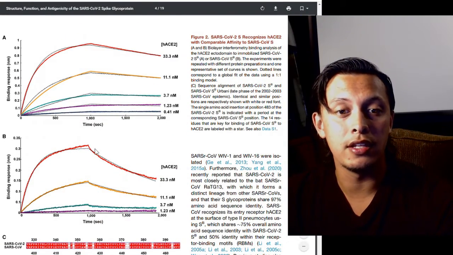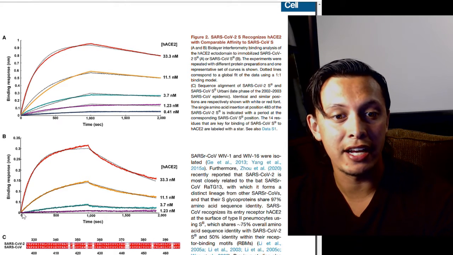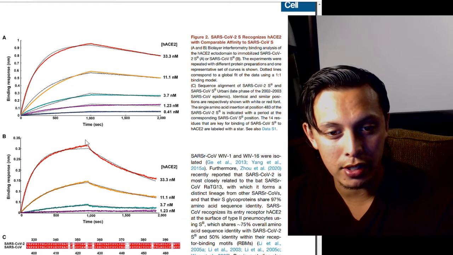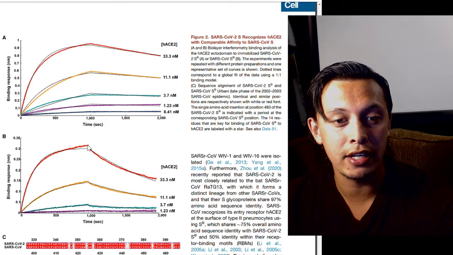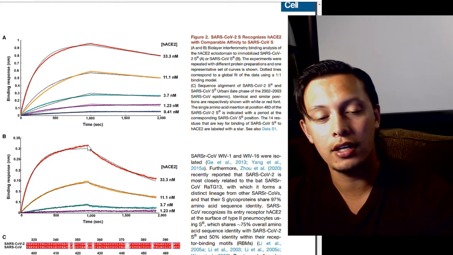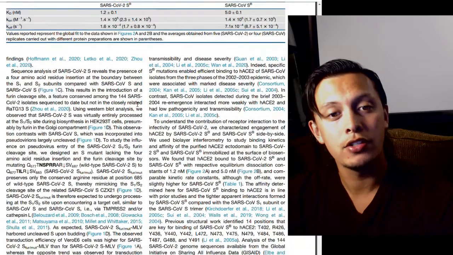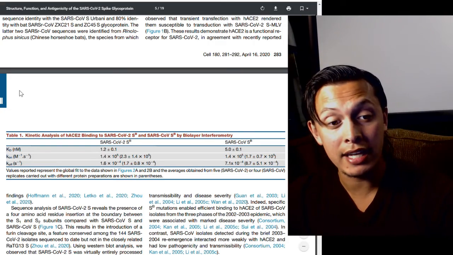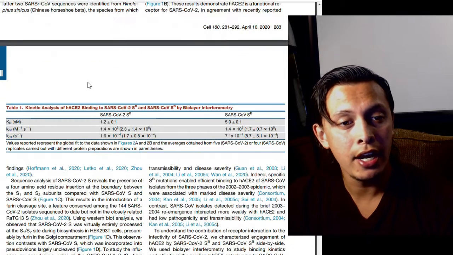This is the biolayer interferometry binding analysis, and these graphs show the binding of the ACE2 receptor to the spike protein portion, and then having it come off. Down here we have some of the calculated constants of this assay.